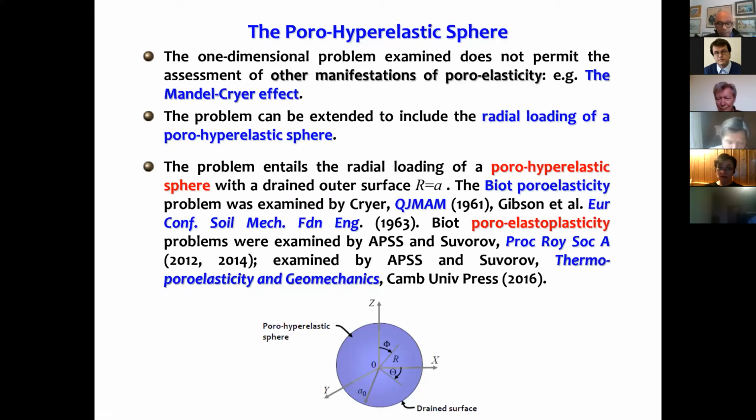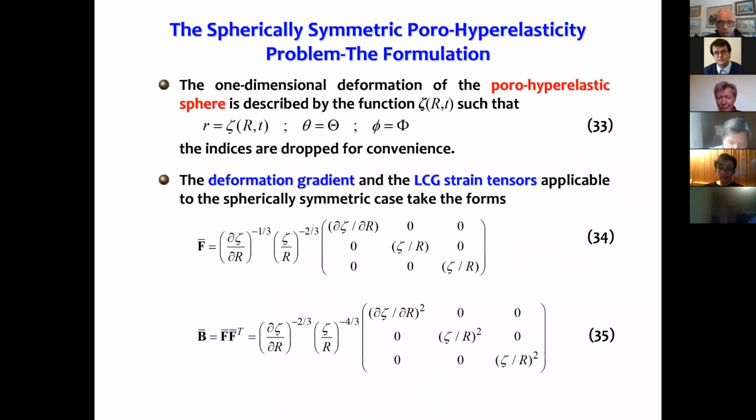You can extend it to other situations as well. So this problem has been looked at in terms of the conventional small strain elasticity and small strain elastoplasticity. Here we want to go into large strain fluid flow as well.